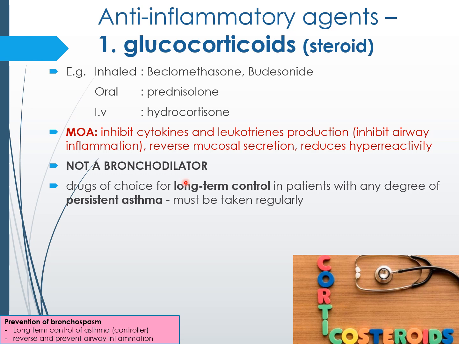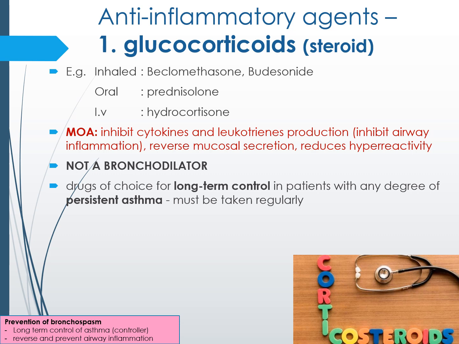Mind you that glucocorticoids are not bronchodilators, so they cannot relax the airway smooth muscle. It is a drug of choice for long-term control in patients with any degree of persistent asthma.